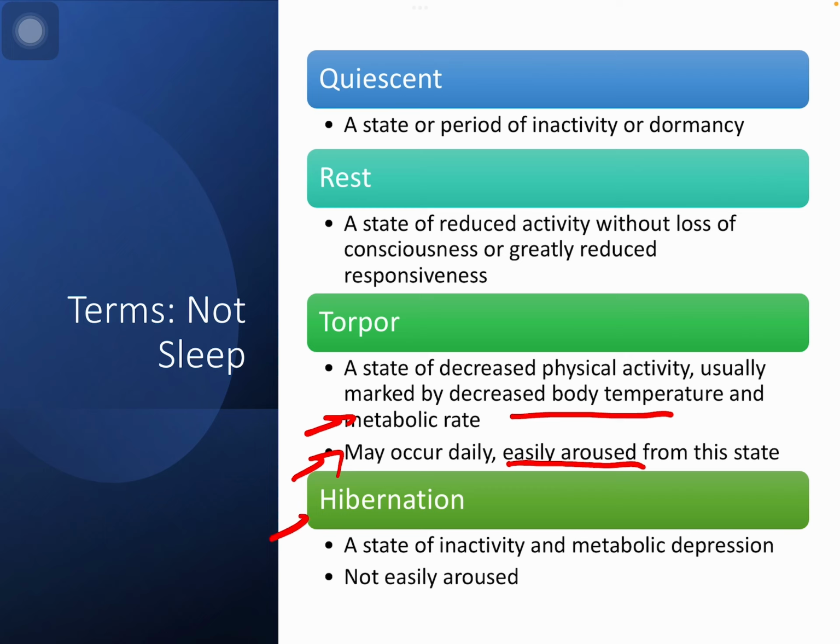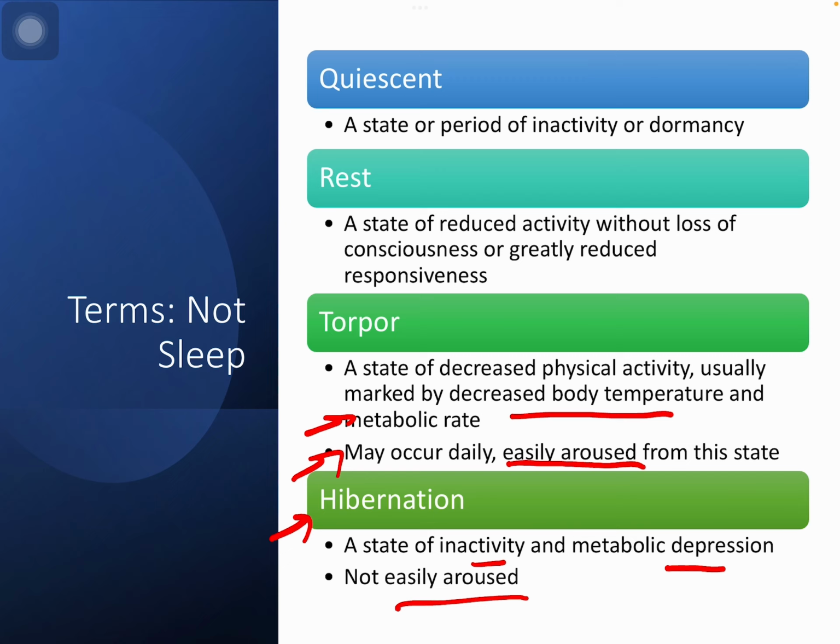Whereas hibernation is where we see the organism not being easily aroused and in a state of inactivity, as well as metabolic depression. We typically see this when an animal is in an environment, for example, where there's not easy access to food, so they may have to hibernate for a period of weeks or months in order to conserve their energy.